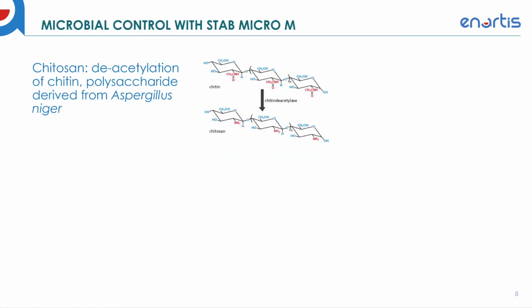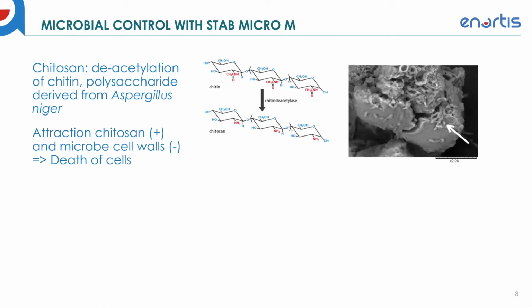If you're not familiar with chitosan, it is a polysaccharide derived from Aspergillus niger, so it's a polysaccharide produced by a fungus. Basically, they take chitin from Aspergillus niger and deacetylate it to form chitosan. Chitosan has a very high charge density and it attracts the cell walls of microbes.